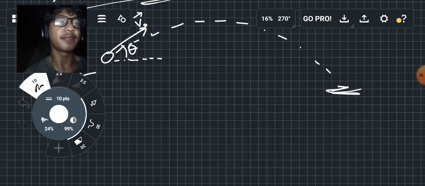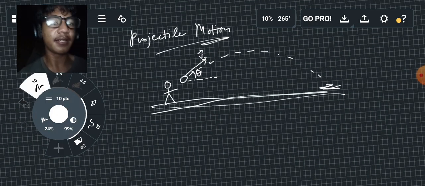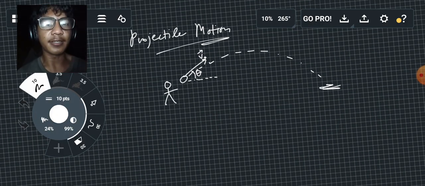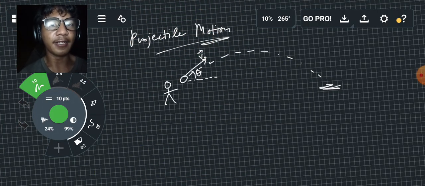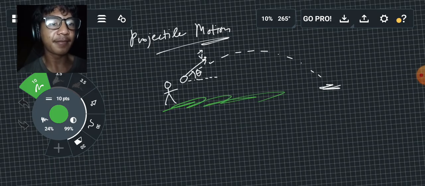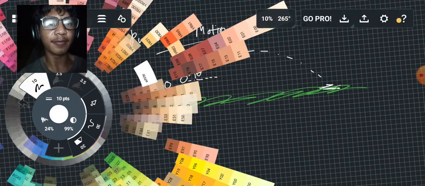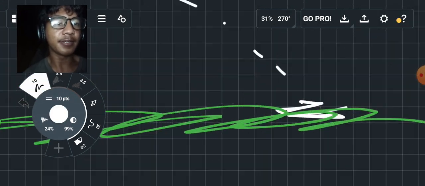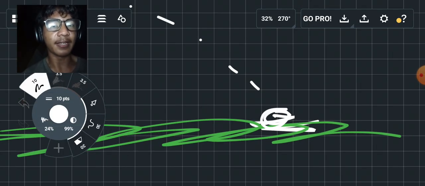But typically, we just picture it as a ground. So let's picture it as ground. Let's make that green for realistic purposes. Okay, the ball will eventually land there.